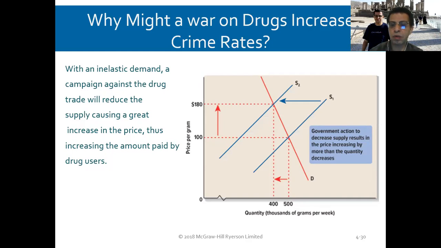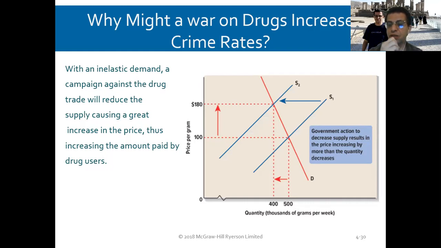So here is why it might increase the crime rate. As the price goes higher, because suddenly there is more cost in trading the drugs, and the demand is inelastic, the price goes higher but the reduction in quantity is a little bit less.